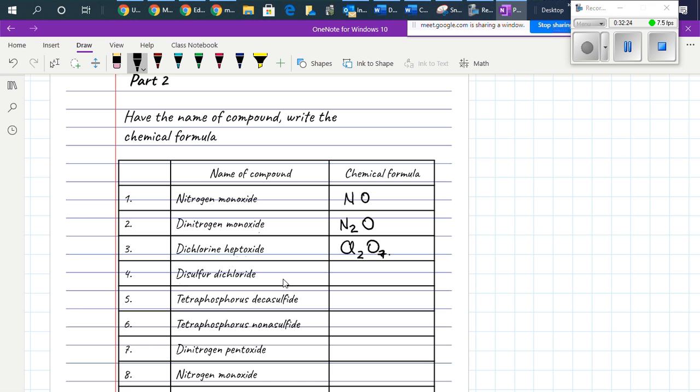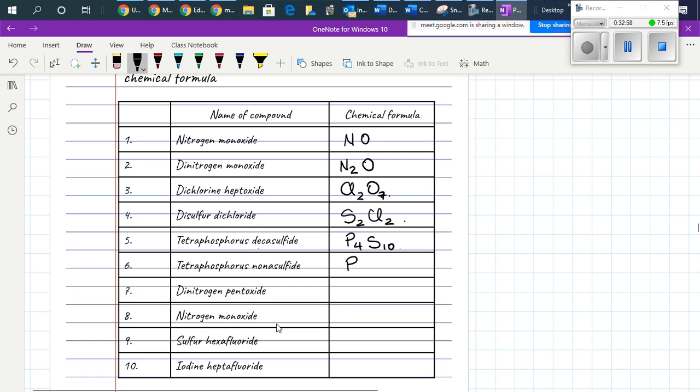Disulfur dichloride. So sulfur 2, Cl2. Tetra is 4. Phosphorus, it should be tetra. Decasulfide, so P4S10. Tetraphosphorus nonasulfide, so P4S9.